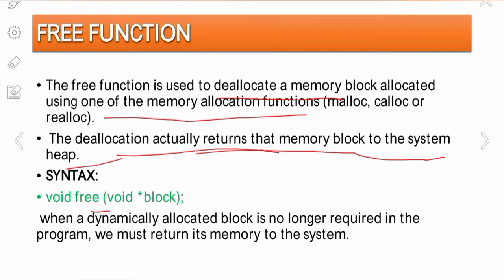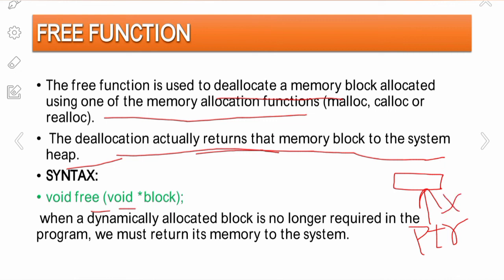When a dynamically allocated block is no longer required in the program, we must return its memory to the system. Suppose here if you apply this syntax, free of the particular pointer. Here this is a memory location, and a pointer is pointing to that particular memory location. Using the free function, we are not going to free this pointer. That means we are not going to remove this pointer.